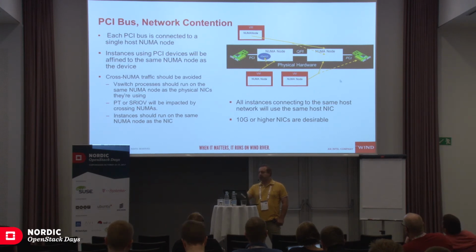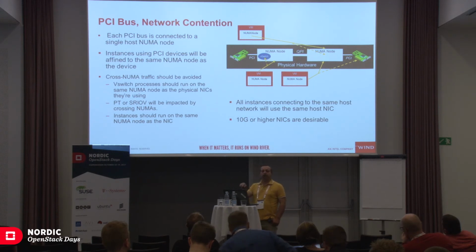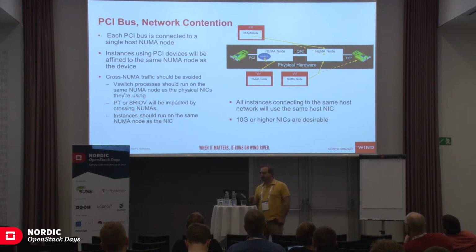So it's very important to make sure that your VM uses the cores from the same NUMA node in the host that your PCI device is on, and also if you are using vSwitch, make sure that the vSwitch core is also in that NUMA zone, not in a different NUMA from the CPU your VM is using. Also, when you're using NICs for getting performance, we recommend using 10G or higher to get the best performance you want.